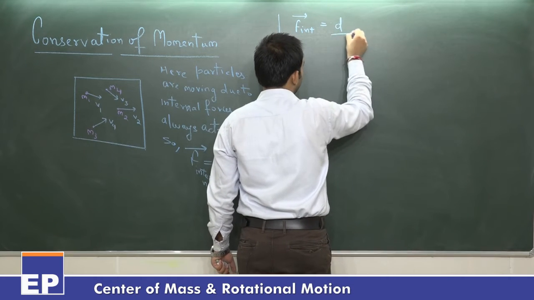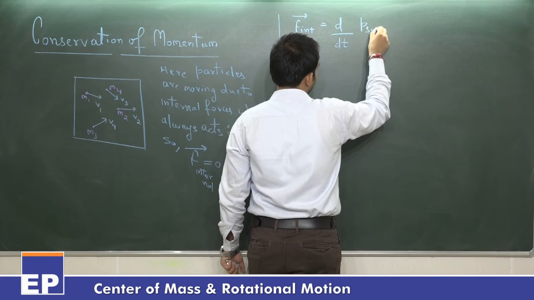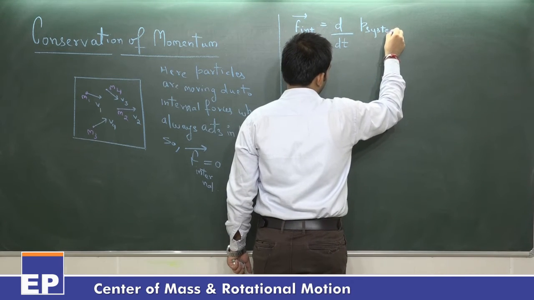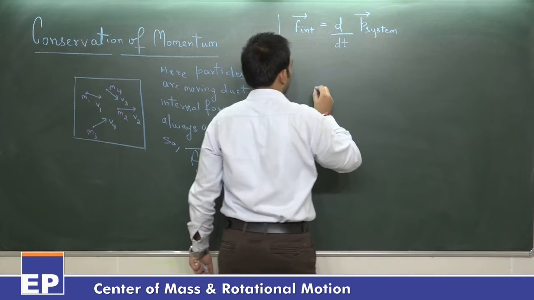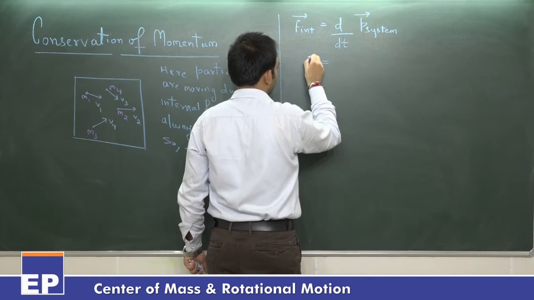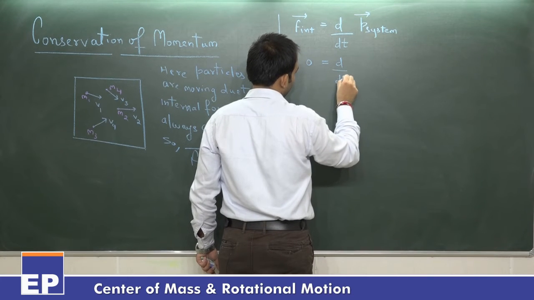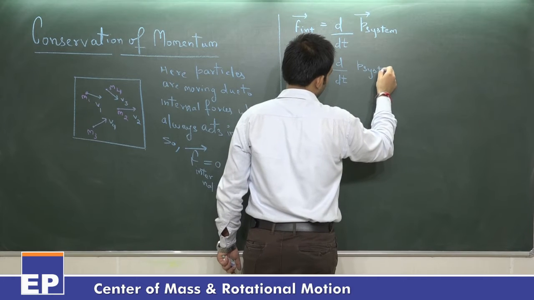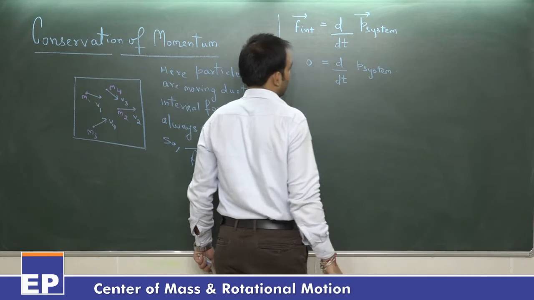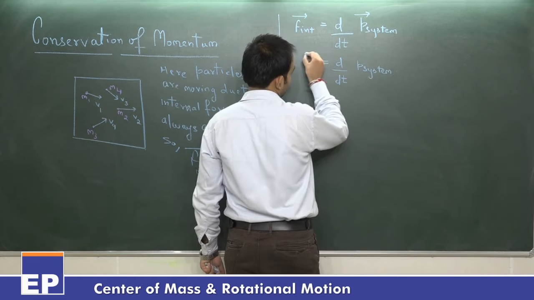That is d by dt of change in momentum of system. So we can say the system is 0.